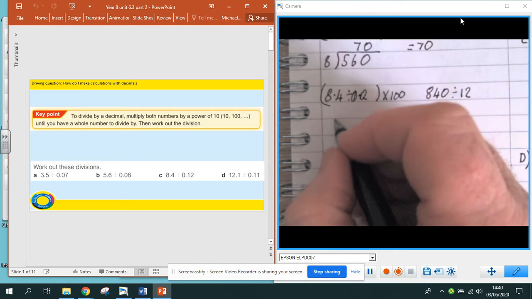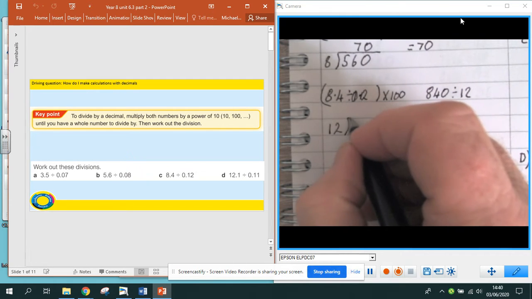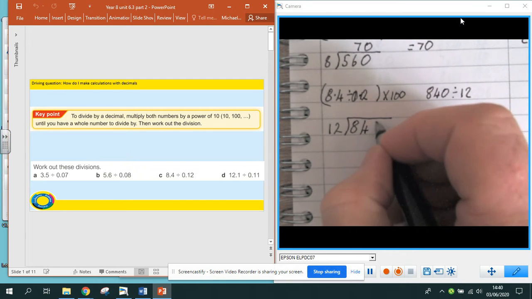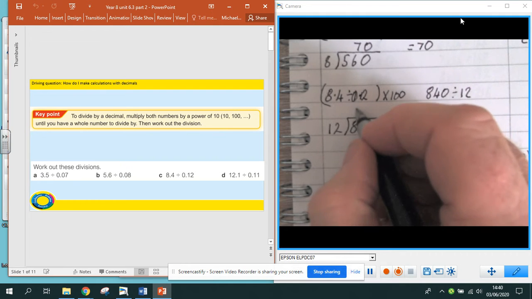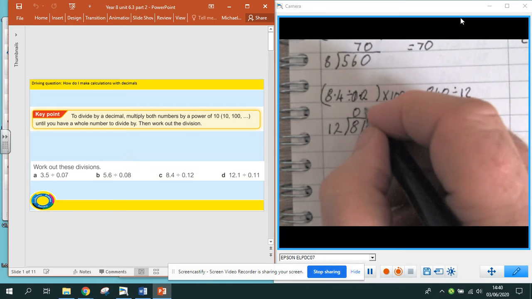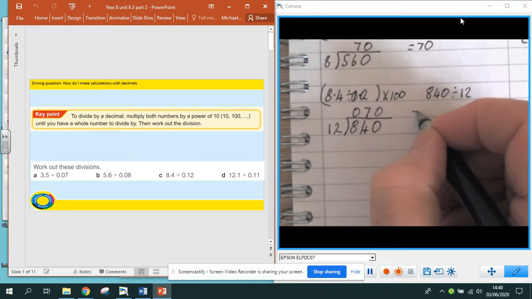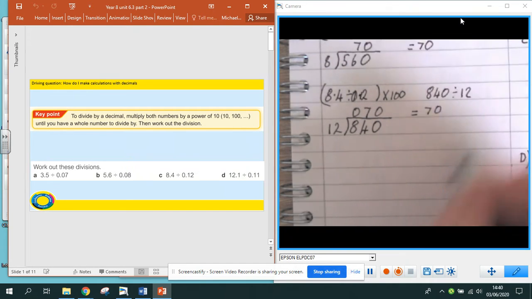I can divide by 12 quite easily. How many 12s in 8? There aren't any. How many 12s in 84? There are 7. Is there anything left? No. How many 12s in 0? 0. No remainder. So once again, my answer is 70.